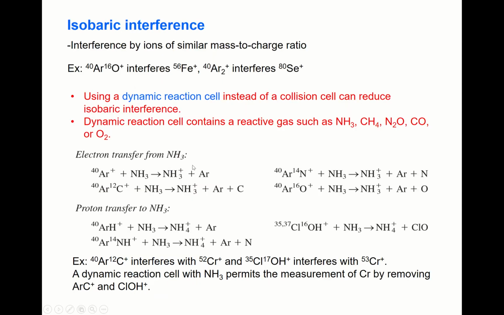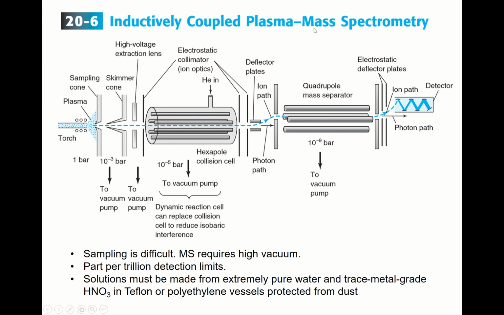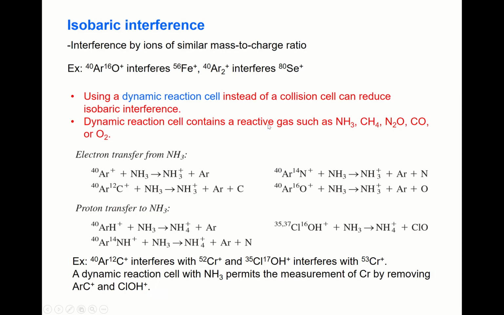And there is an interference called isobaric interference. This isobaric interference is caused by ions of a similar mass to charge ratio. Now, since we are considering this coupled technique, mass spectrometry, the input species to mass spectrometry is ions, not atoms.